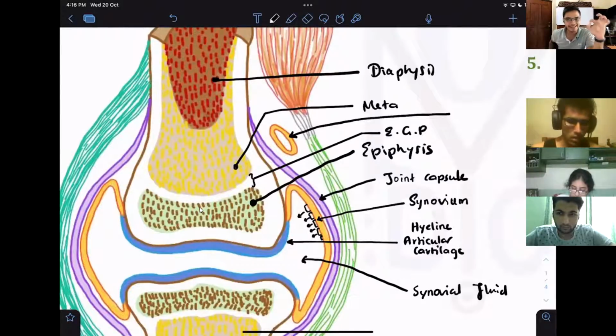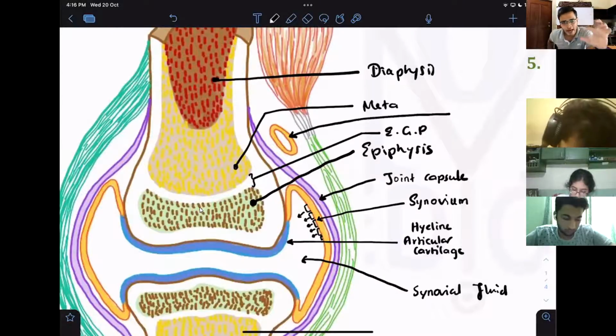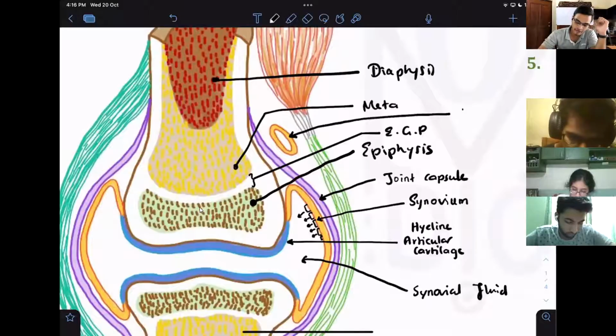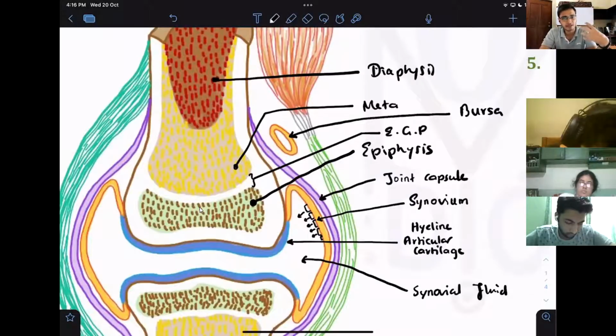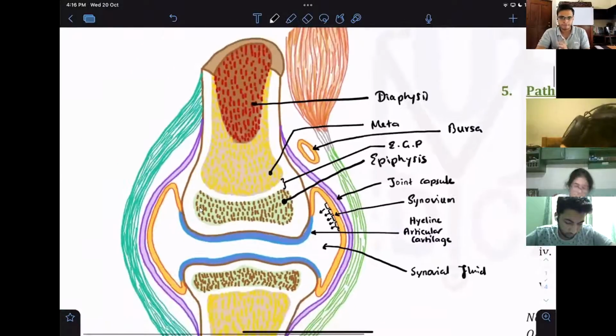Bursa. Yes, these are fluid-filled sacs. They are also lined by synovial membrane, and we call these bursa. These are basically supportive structures. They give a cushion-like effect for the joint and help reduce friction.